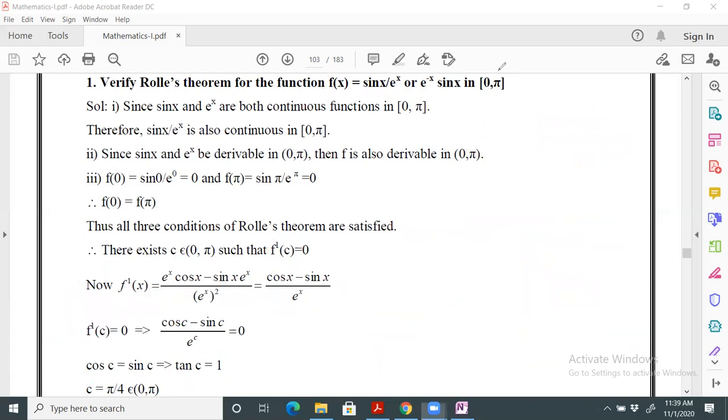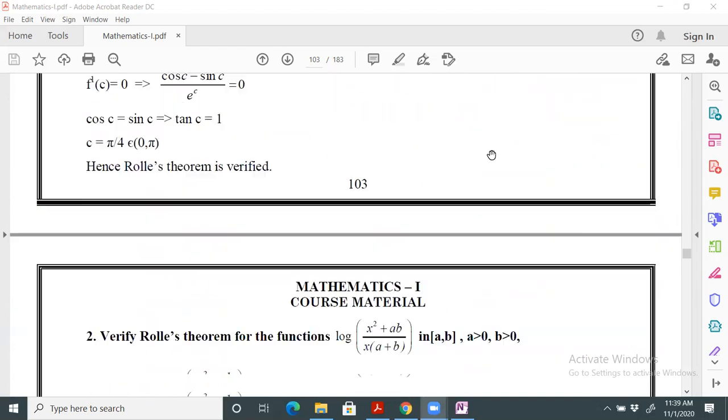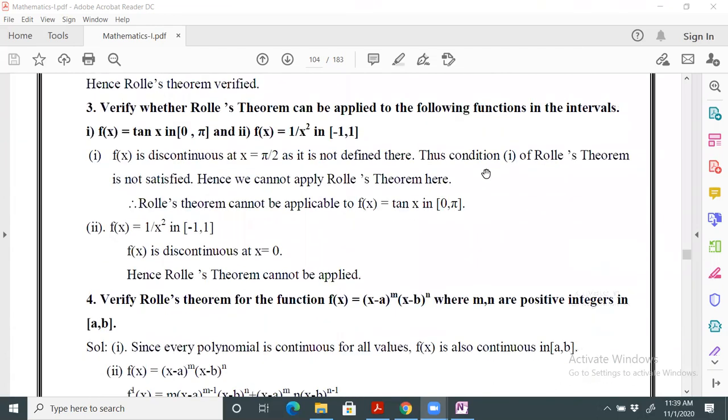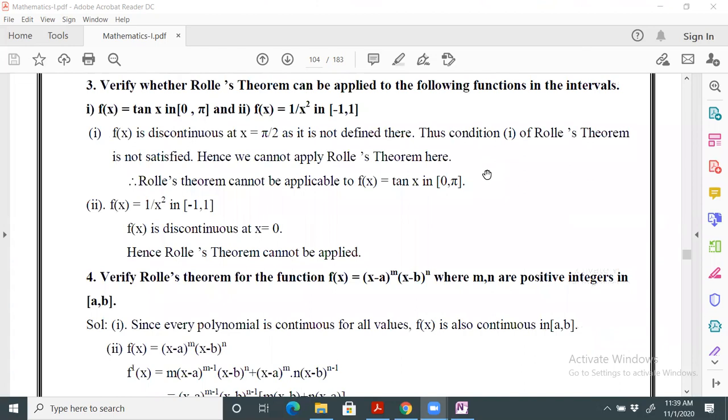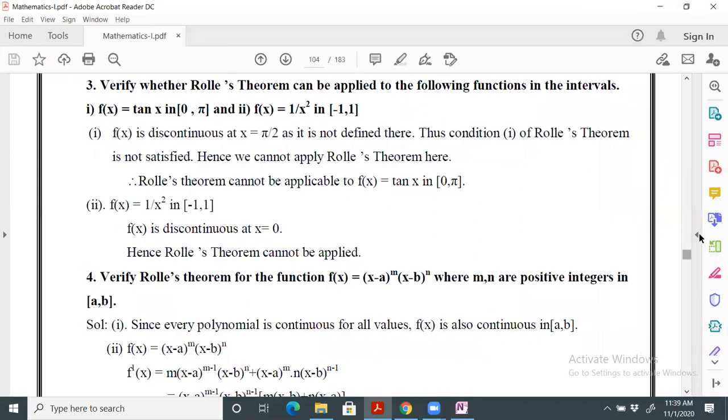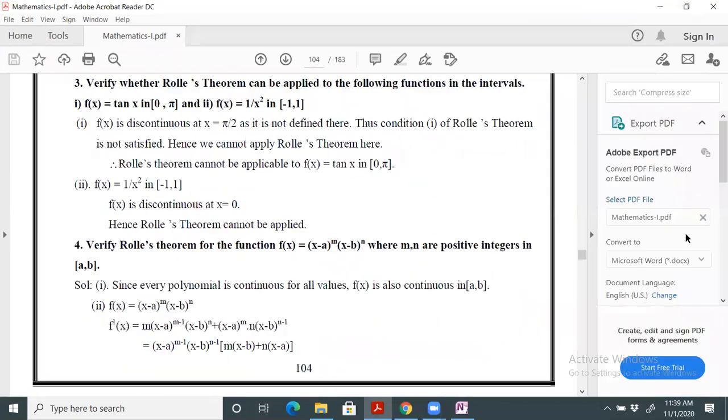Now going to take the tan x function. Verify Rolle's theorem.